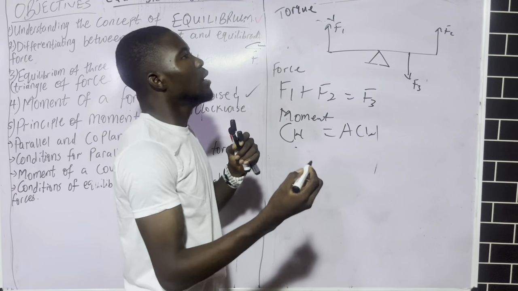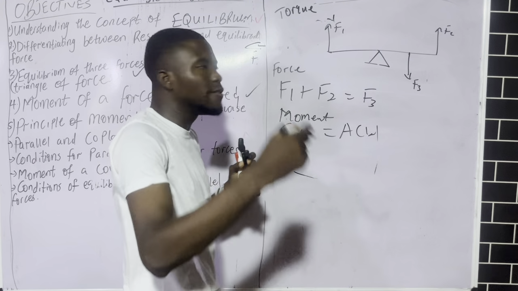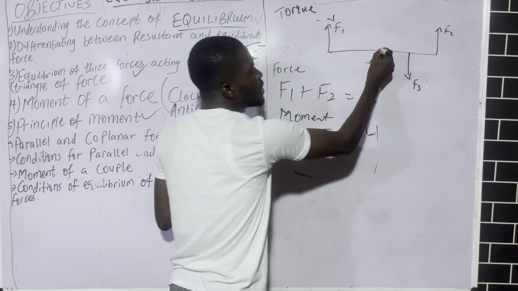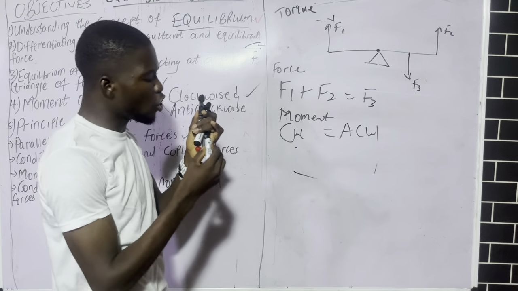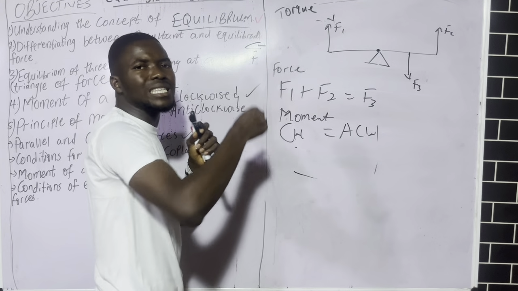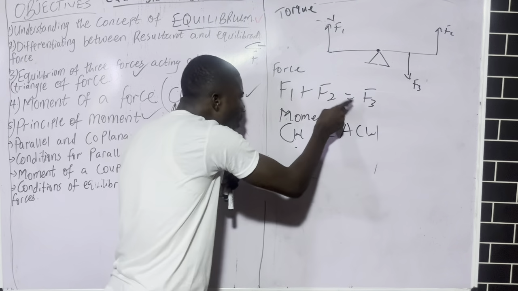That is, when the force is applied, there is a point where the force exerts its effect. This force here, F1, the effect of this force is exerted at this point. This is the point where all these forces are exerting their effect. Remember your door hinge. When you place your hand on the handle, the place where the effect is seen is at the hinge.